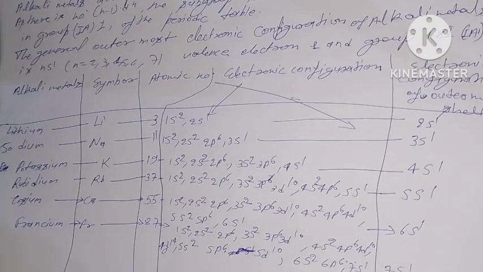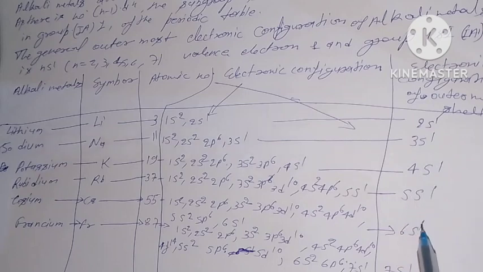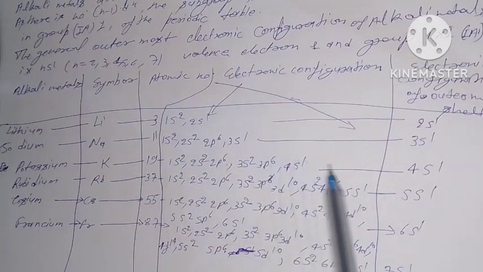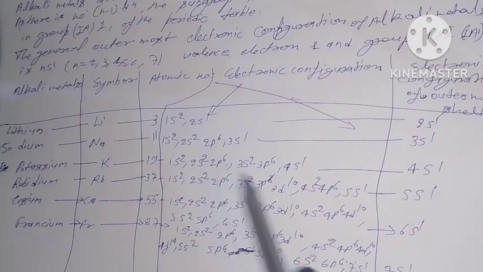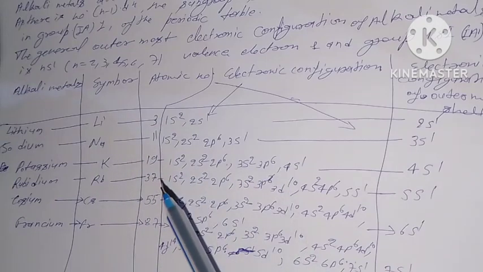To summarize, the electronic configuration of alkali metals: the last electron in the outermost configuration is filled in s orbital, so alkali metals are s-block elements and non-transition metals. They are placed in group 1A of the periodic table, as there is no (n-1)d.